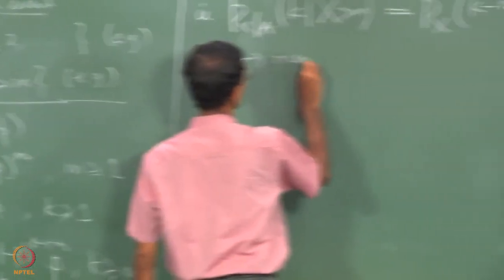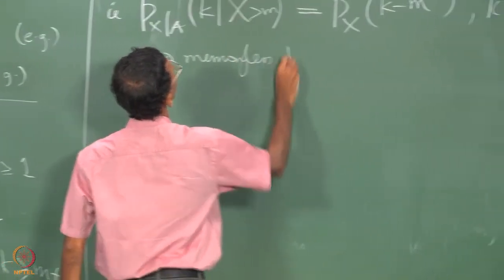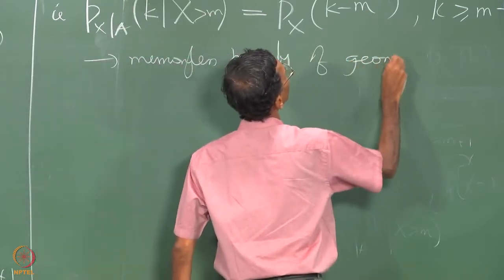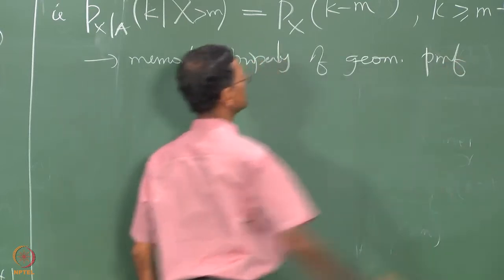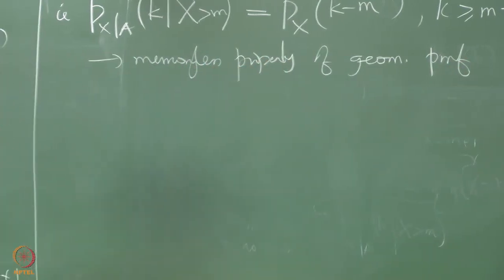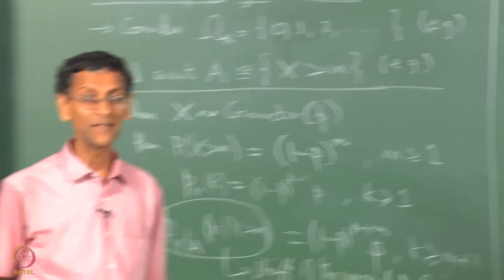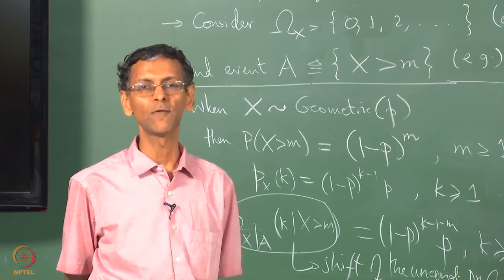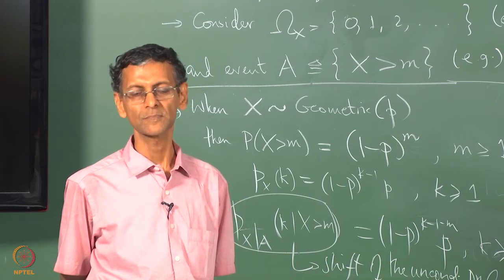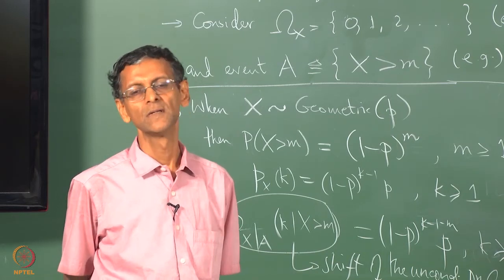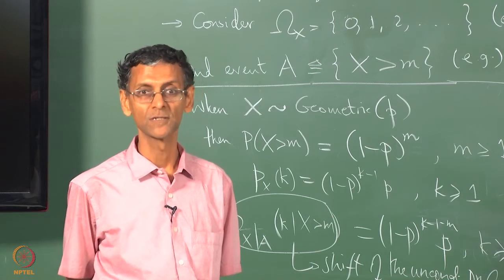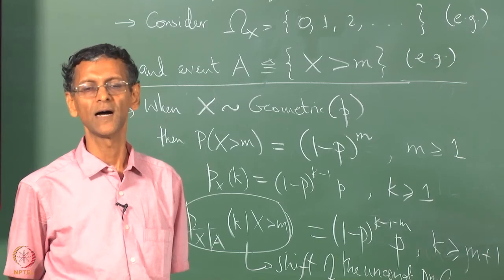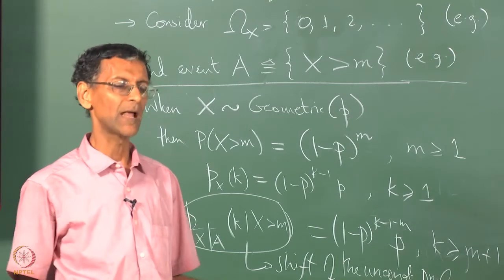Why do you call it the memoryless property? Because the fact that you did not get any success in the first M trials does not have any bearing on how the successes or failures will evolve after that. You are back to the starting point pretty much. What happens in future has no connection to what happened in the past.